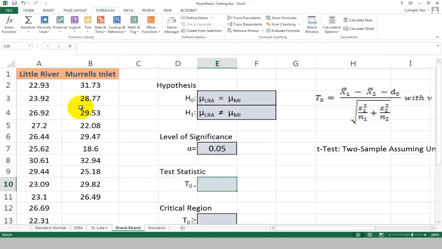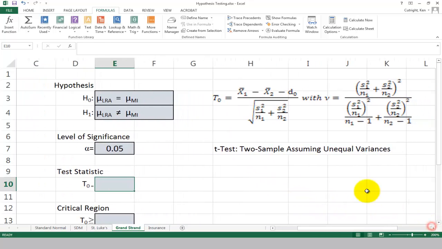Our problem said that we could assume that the population variances are not equal. We knew that the data is not paired. We know that we don't know the population variances. All we have is the sample variances, and the problem description told us to assume that they're not equal. So we're going to use a t-test assuming unequal variances.